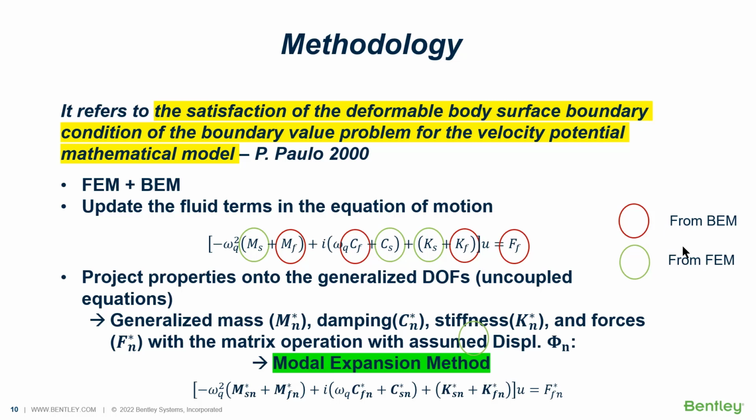Then establish the uncoupled equations for each vibrating mode using the mode shape we calculated in the structural solver. As you see, hydrodynamic mass, added mass, fluid mass here, and the fluid damping and hydrostatic stiffness are all plugged into the motion equation. For your reference, this is the motion equation in the frequency domain.